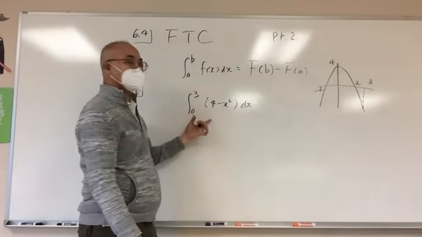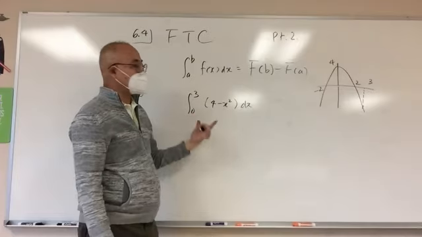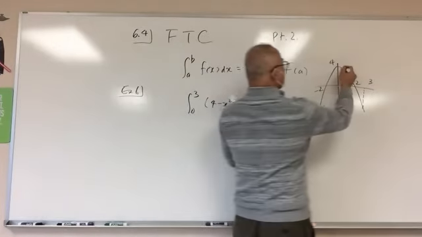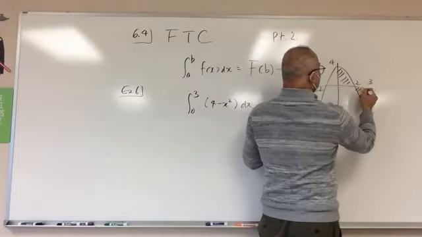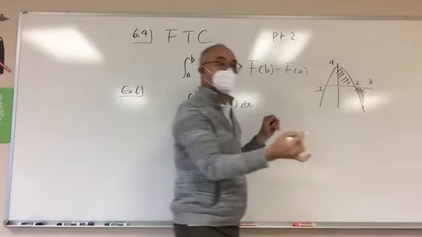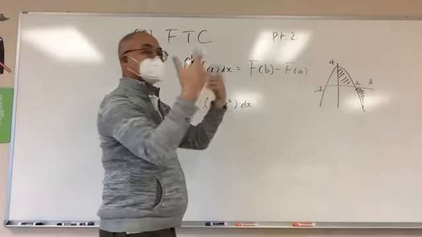But since it's asking for the area between the curve and the x-axis, it's asking for this guy. Then you have to switch this guy, because if you just went from 2 to 3, it would be a negative, right? So we have to make that negative into a positive.